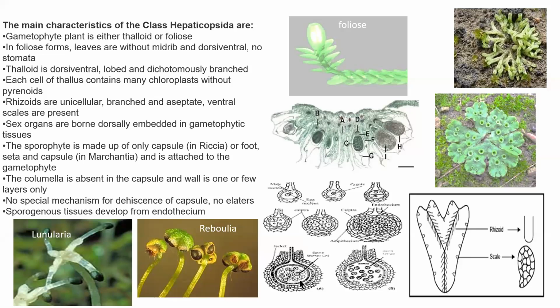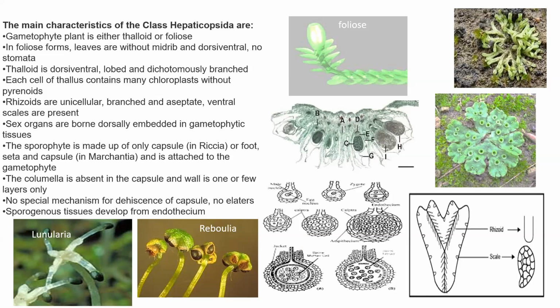In liverworts, a columella is absent in the capsule. The capsule wall is very thin, and you don't find elaters. You would have studied that elaters are hygroscopic. They absorb water and swell up, and this is how the spores are released.